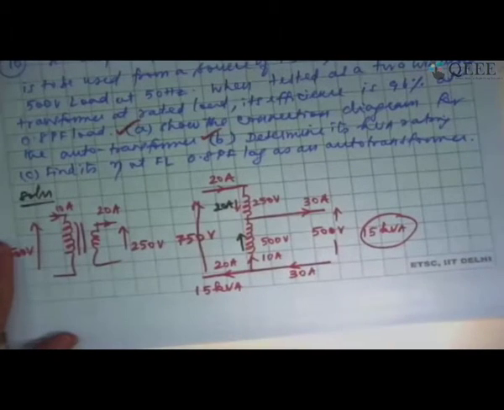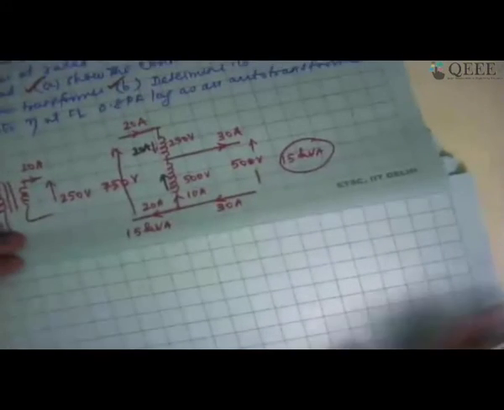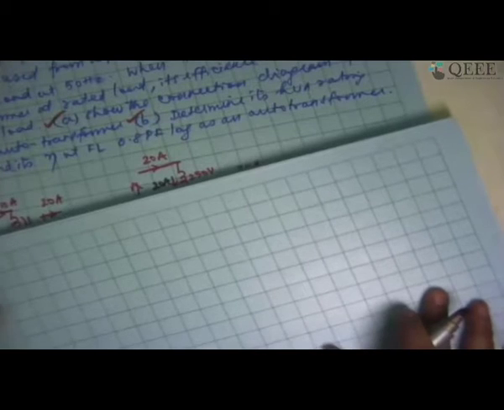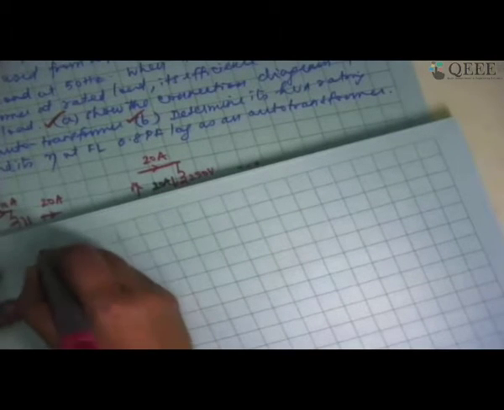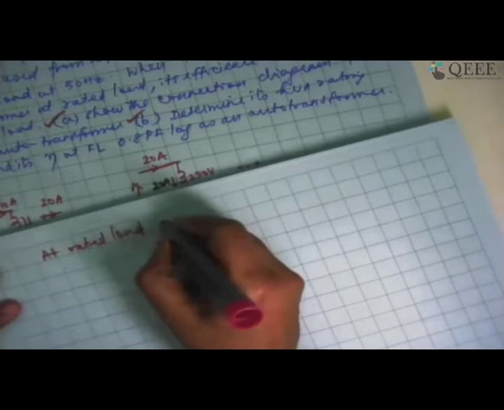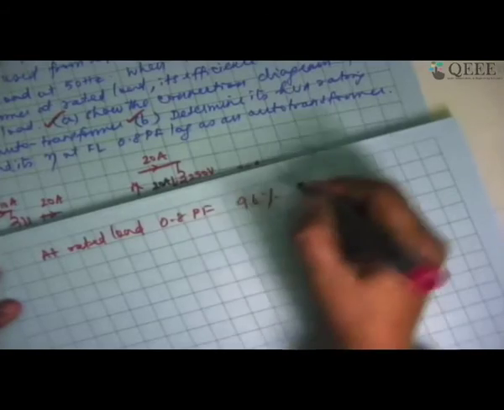15 kVA we have determined. Now find its efficiency at full load. So quickly we will do this, and with that we will conclude our class. First of all, it says at rated load, 0.8 power factor, 96% efficiency.